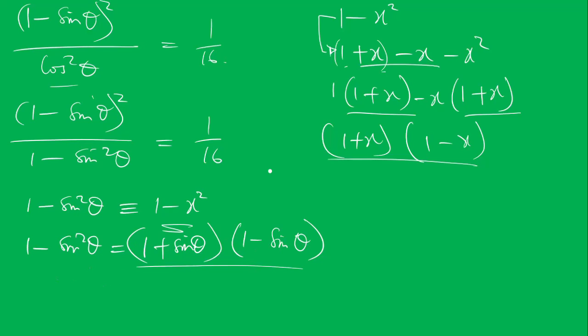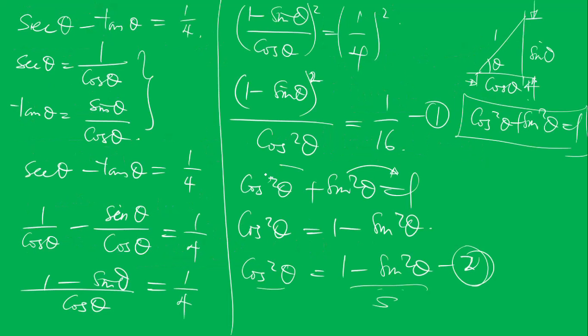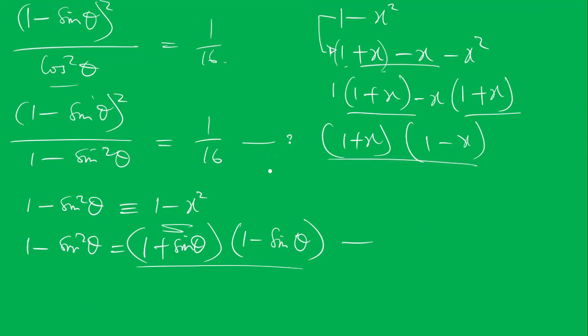So since we have gotten this, let's call this equation 3, this equation 4. Now let's substitute equation 4 into equation 3, that is, replacing this expression here with this one.